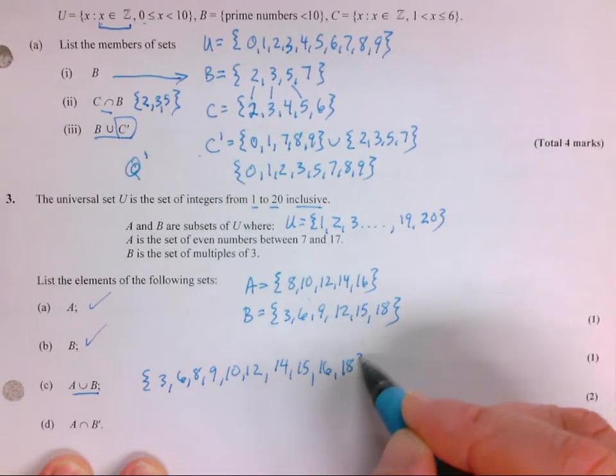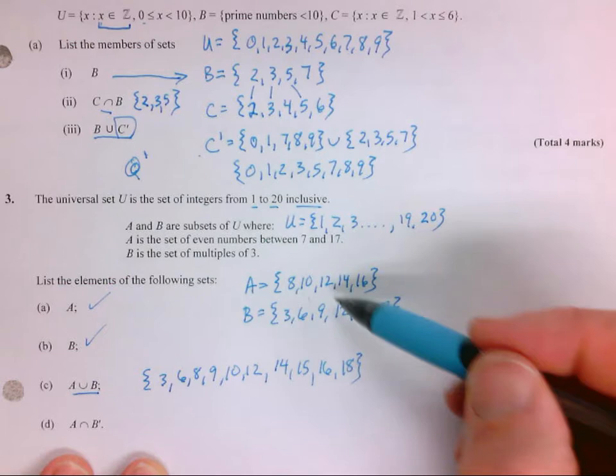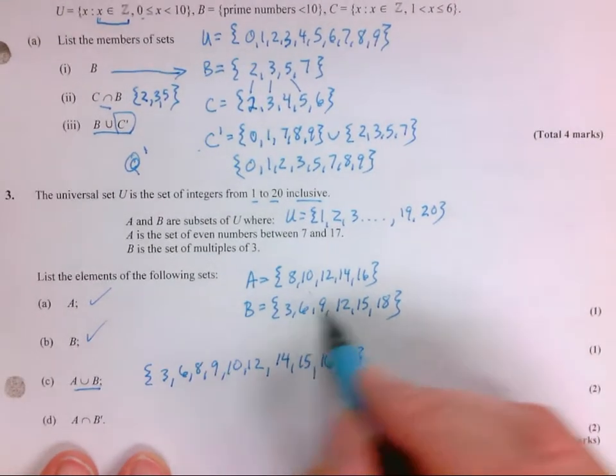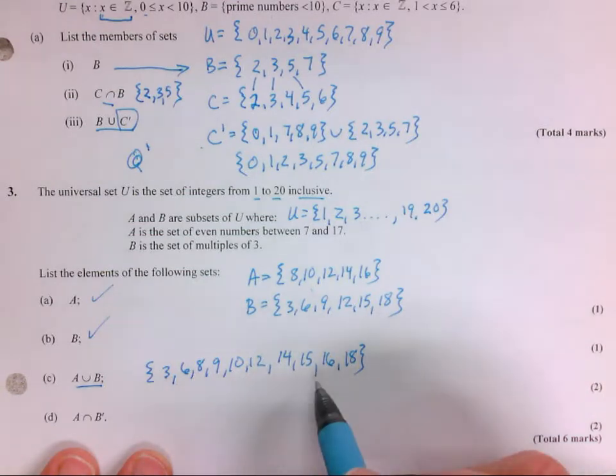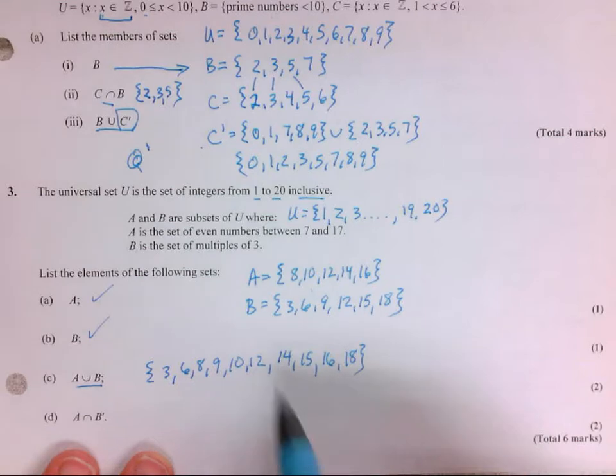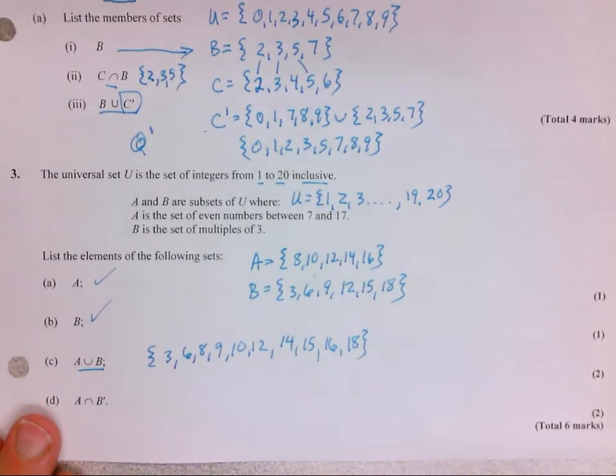Just don't write a number twice. I think 12 was the one that was in there twice. So if you don't put them in order, it's not wrong. What you might do is write them out of order, then rewrite them in order. I'm not checking the answer key right now, so you may want to double check and make sure that I did not mess up a number there.